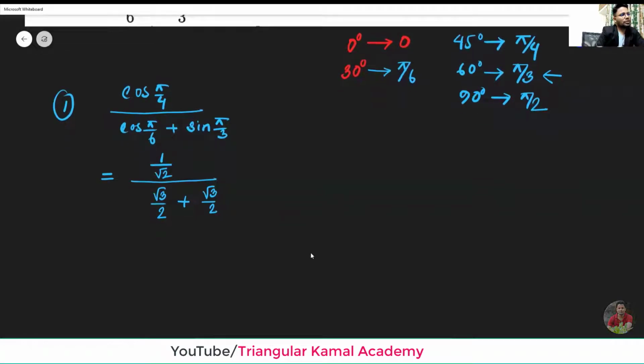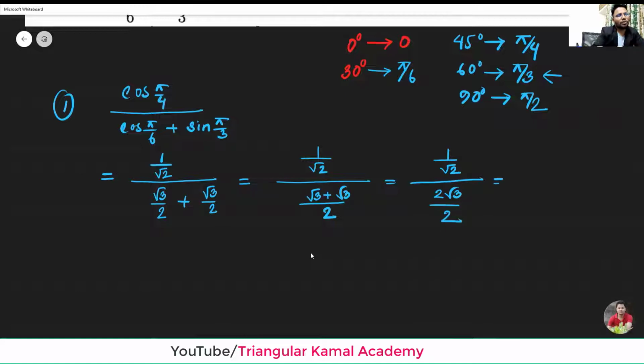So now if we do the simplification here, the numerator is 1 by root over 2. In the denominator part we see here two fractions. So we can take here 2 LCM, then root over 3 plus root over 3. Then here the numerator fraction is 1 by root over 2, and the denominator is 2 root over 3 divided by 2.